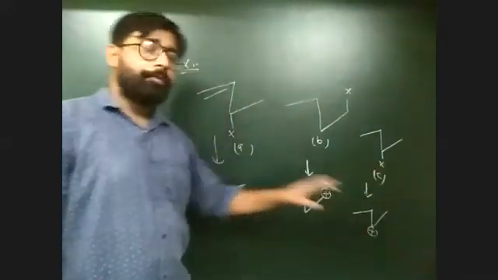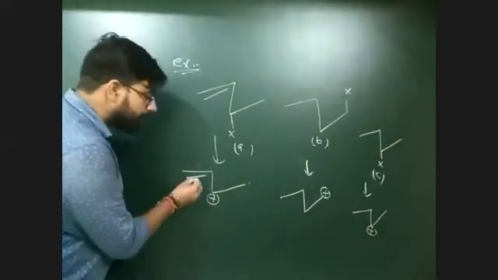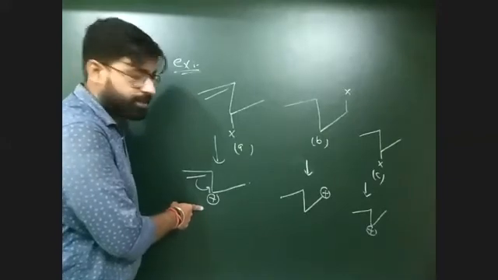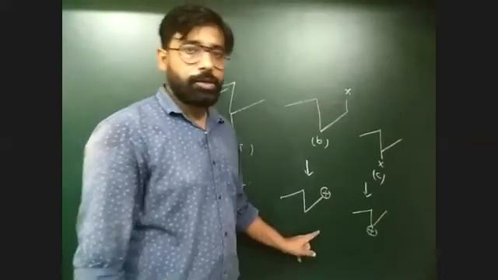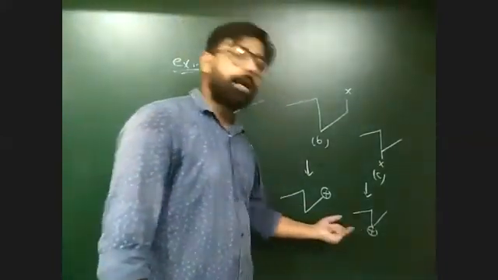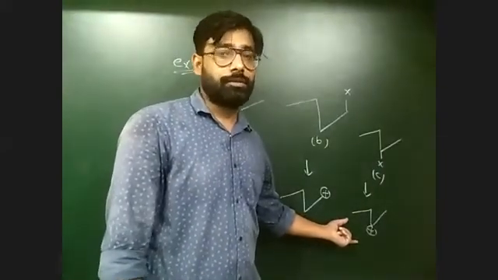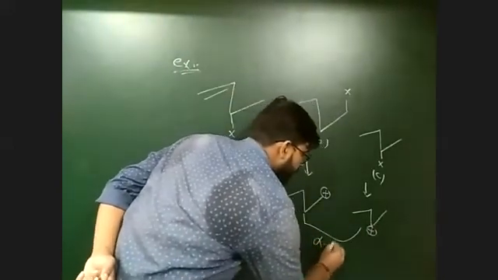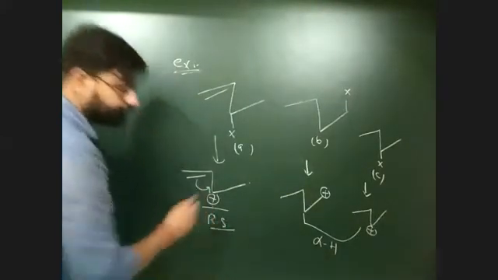Now we choose which one is more stable. Here it is resonance stabilized. In that case resonance is there, but in these two, resonance is not there. So this is stabilized by resonance, and these two are stabilized by hyperconjugation, through alpha hydrogens.